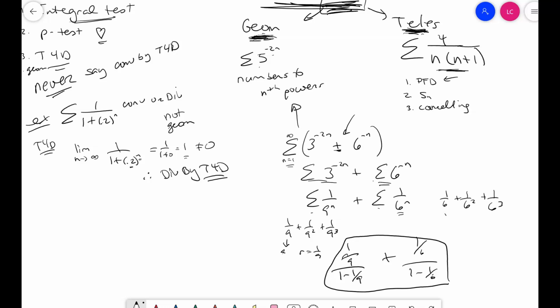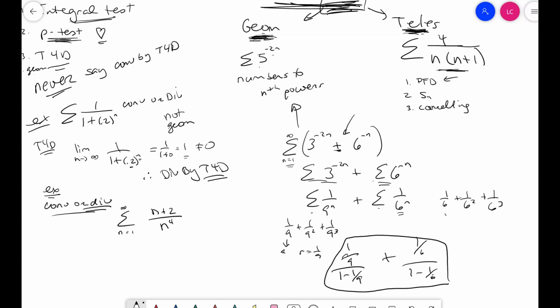All right, so let's see. What if I said converge or diverge? That's going to be the question. And it doesn't say find the sum. And then you had something like this: n plus 2 over n to the 4th. All right, so thinking about it, n goes from 1 to infinity. Doesn't look geometric, right? Because it's not numbers to the nth power.